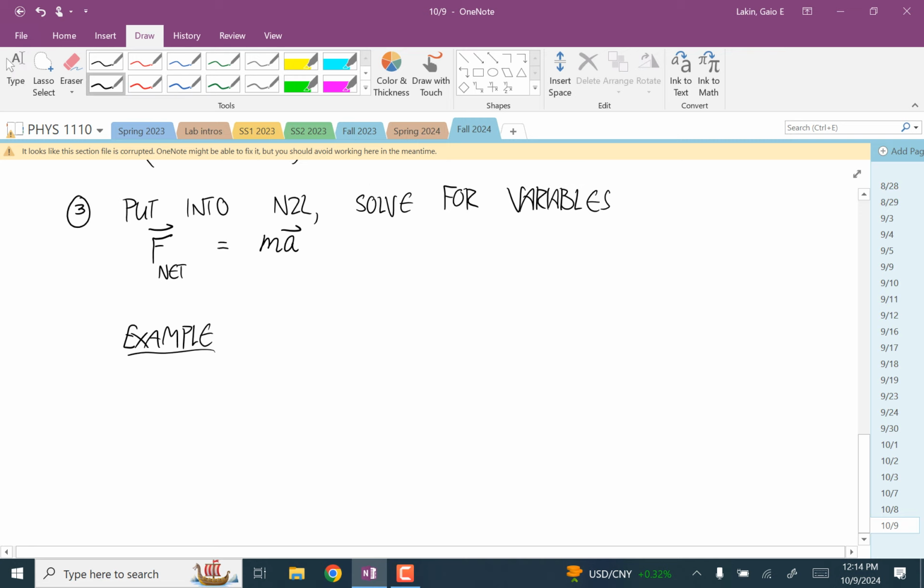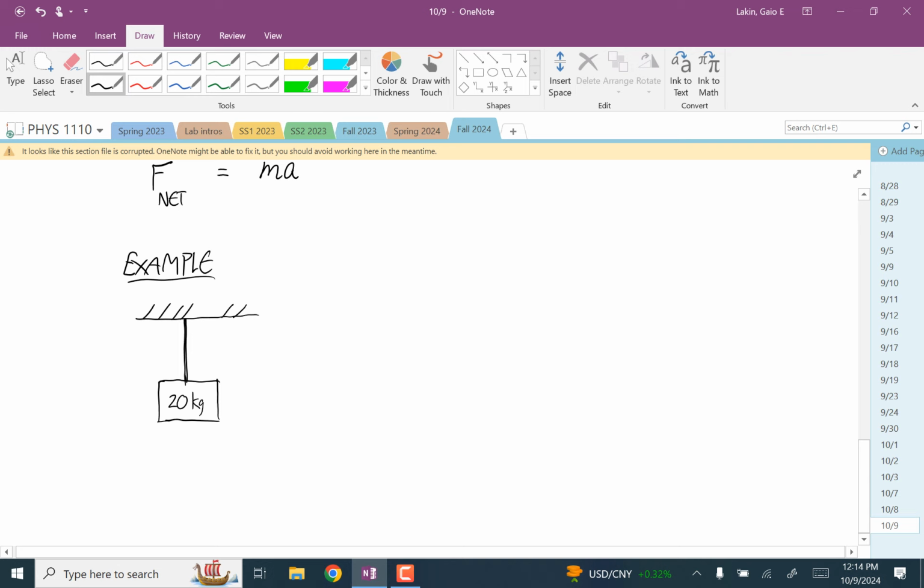So first, let's say we have a mass of 20 kilograms that's connected to the ceiling by a cable, and let's say we're applying an additional force of 5 newtons down.